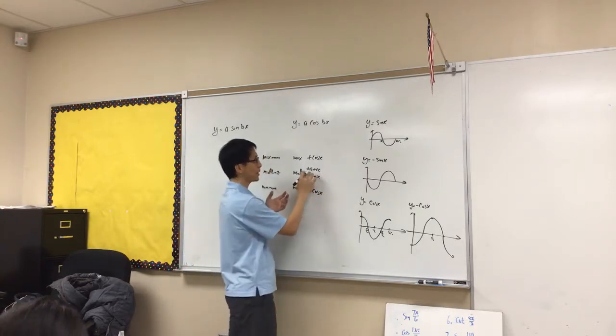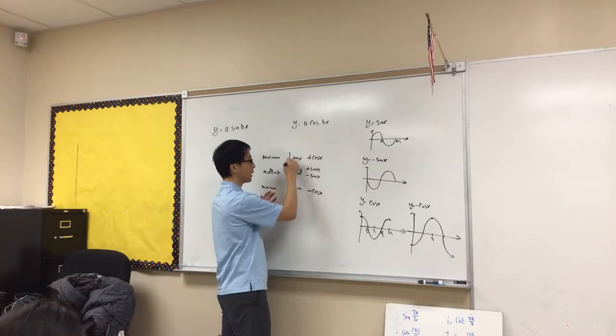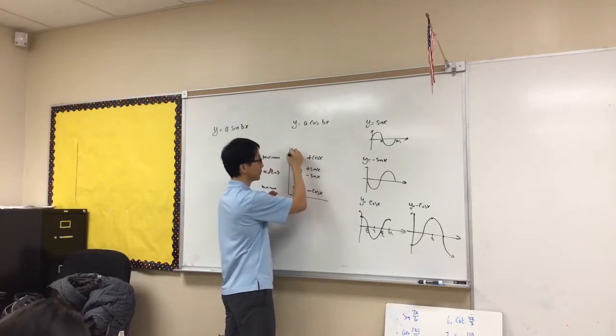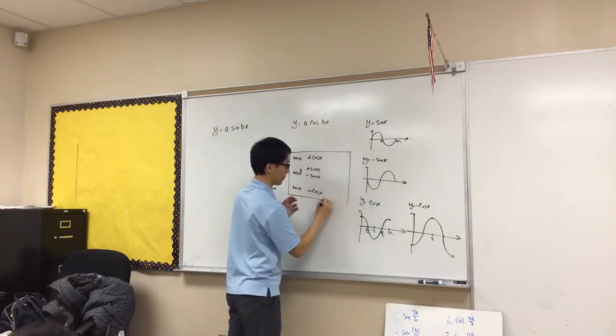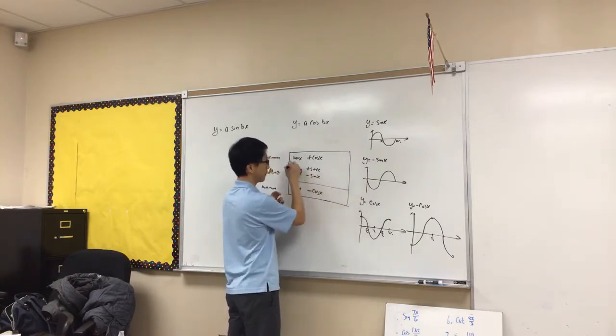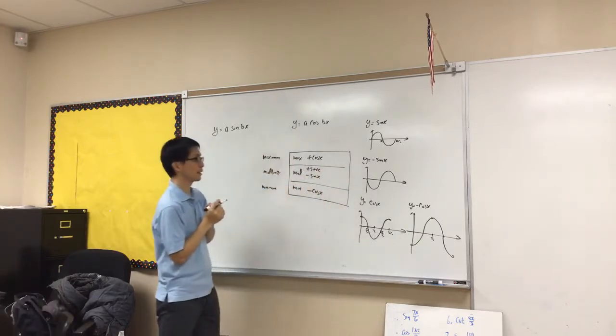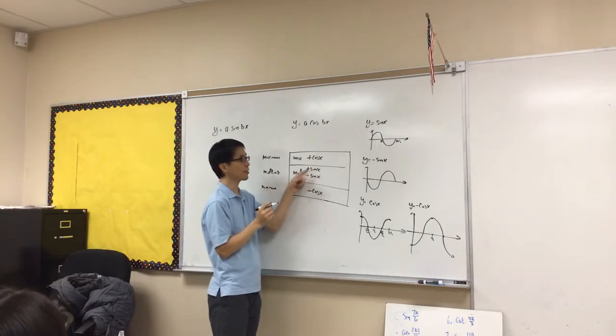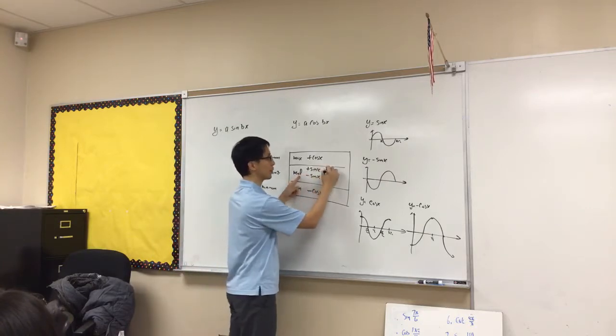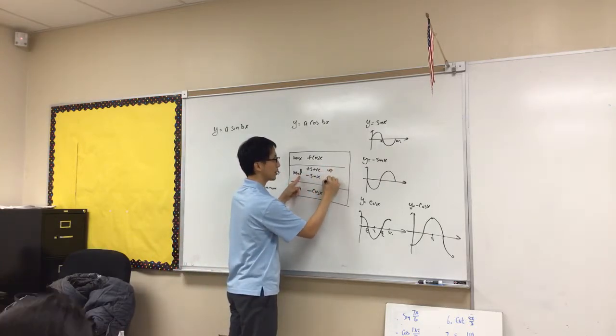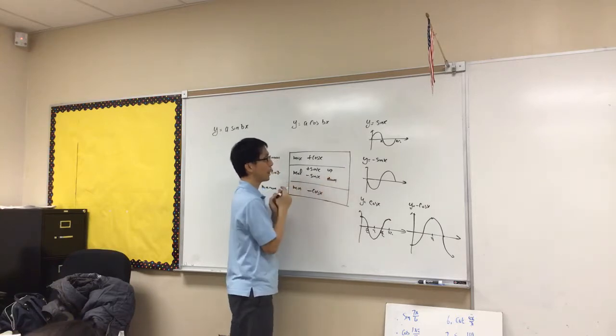So what happened is, pretty much this is the only thing I kind of see. If I have positive sine, it starts at the middle and goes up, and this one is going to go down, all right?